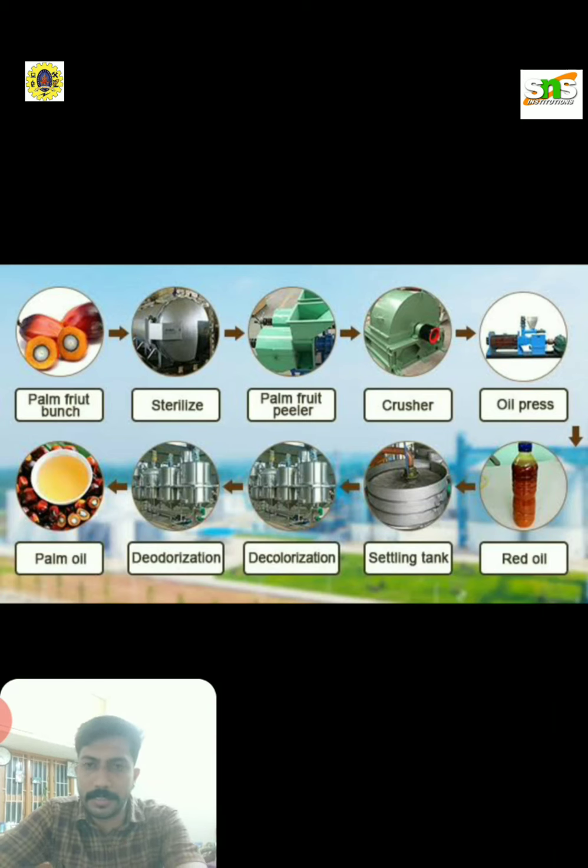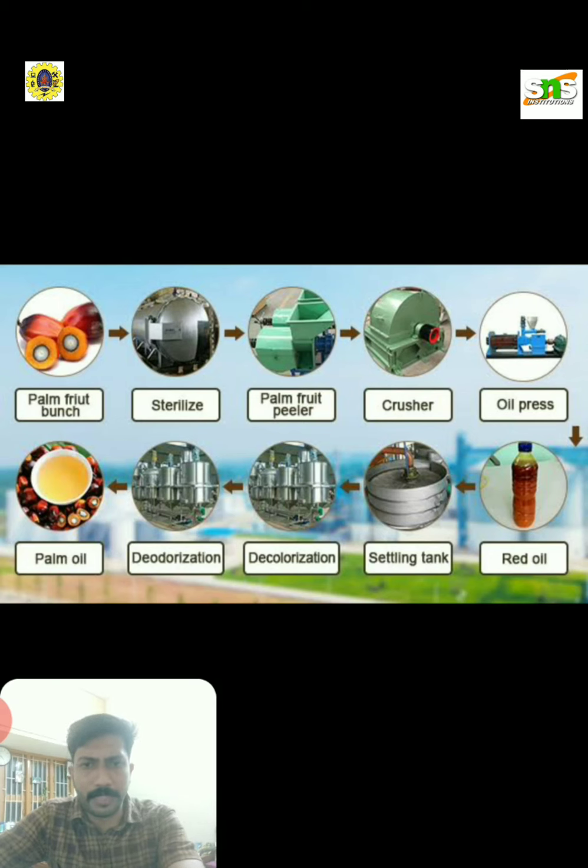The first major step in the processing of palm oil fruit is the sterilization process. Here microwave sterilization will be applied, and after sterilization the fruit goes to the palm oil fruit peeler.